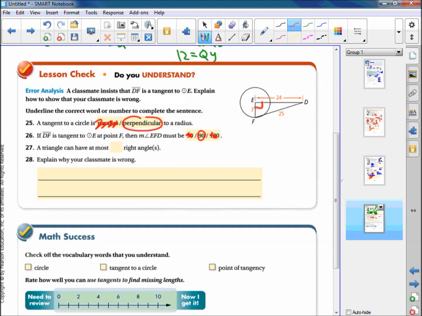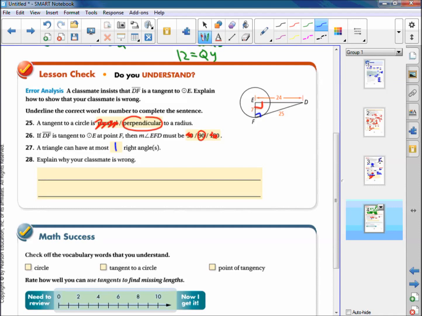Uh-oh, EFD is not 90 degrees. DEF is 90 degrees, so that was supposed to be 90 degrees right there, if it was tangent. A triangle can have at most one right angle. If it has more than one right angle, then we've already used up all 180.